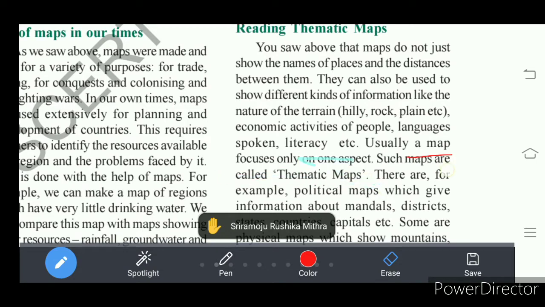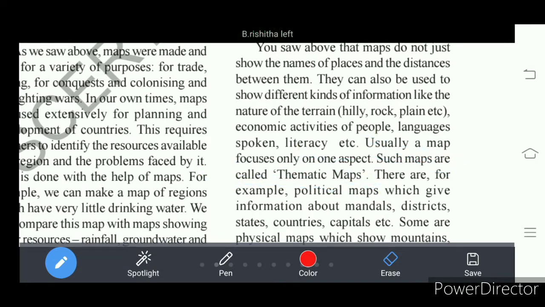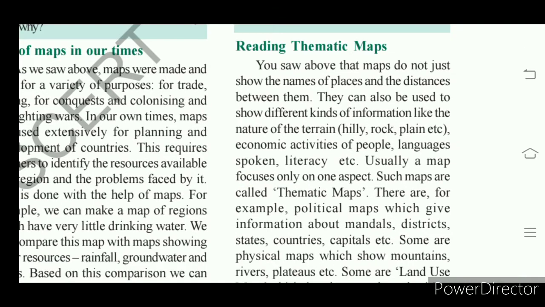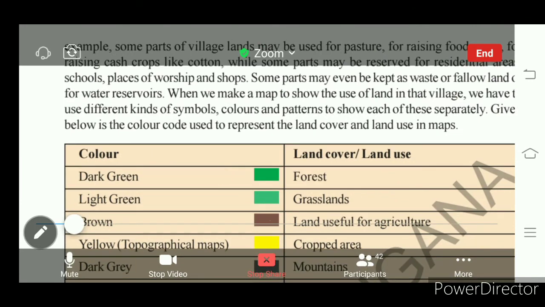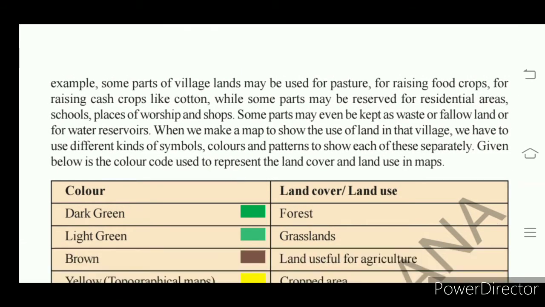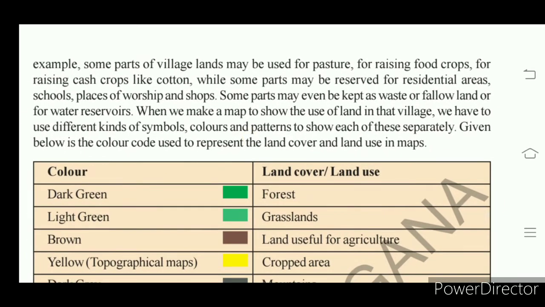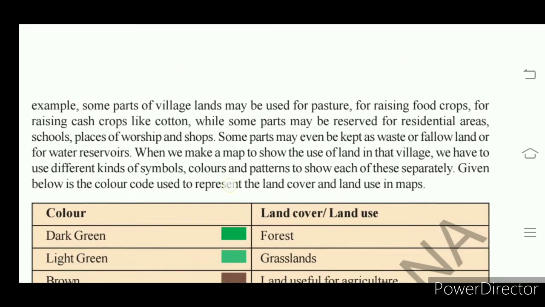Okay, so here in the maps we use different kinds of symbols, right? This is a thing we see. Certain symbols are used to represent various things on a map. We know that some lands are used for cultivating the crop.